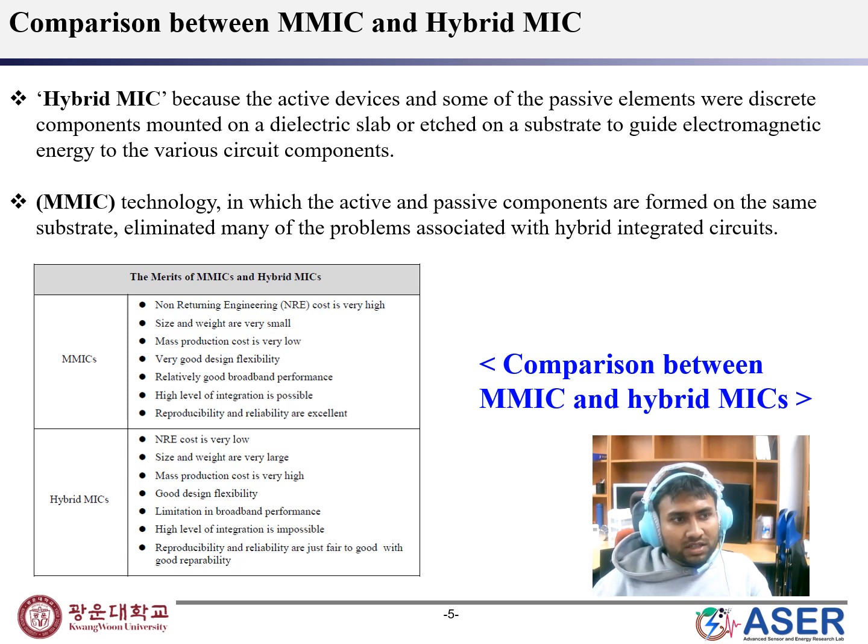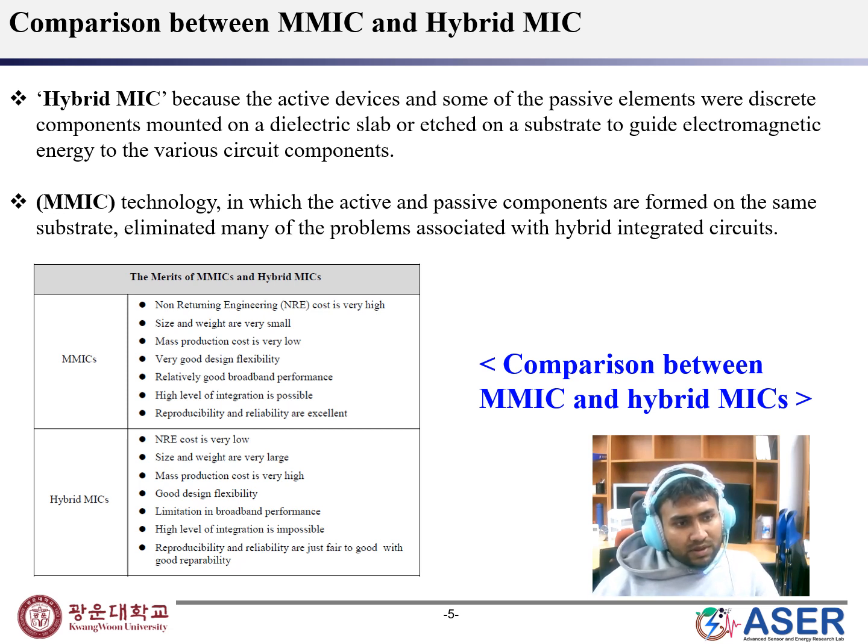On the other hand, MMIC technology is one in which the active and passive components are formed on the same substrate, eliminating many of the problems associated with hybrid integrated circuits.